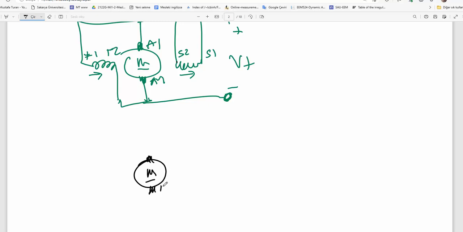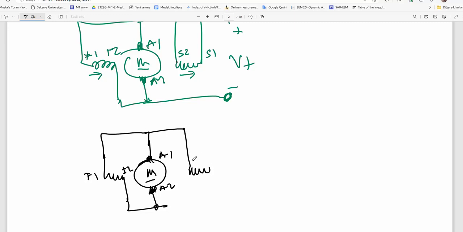Motor, A2, A1. Here's the shunt field coil having the same connection, but we reverse the connection here. Here is S1, here is S2.